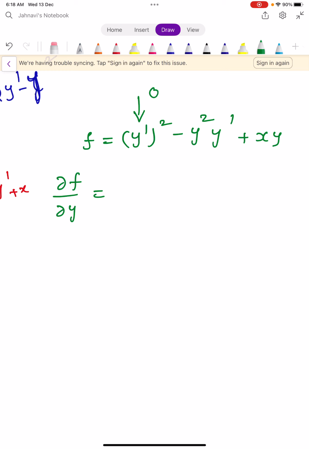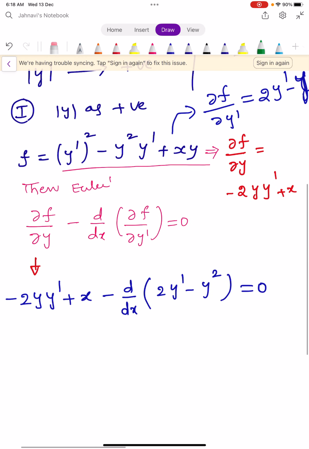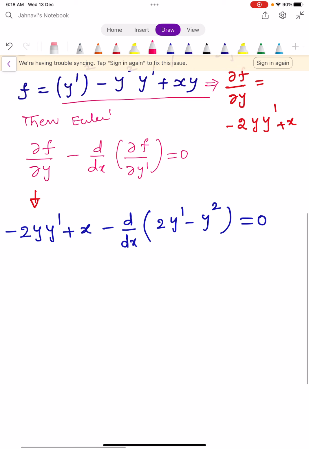Here you get minus 2y y dash, and here you get x. Similarly, dou f by dou y dash: you get 2y dash, and from the second term you get minus y square. Here there is no y dash, so it becomes 0. I write the same here: minus 2y y dash plus x minus d by dx of 2y dash minus y square is equal to 0.